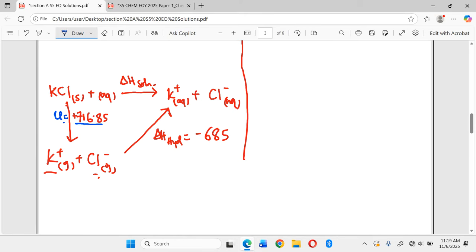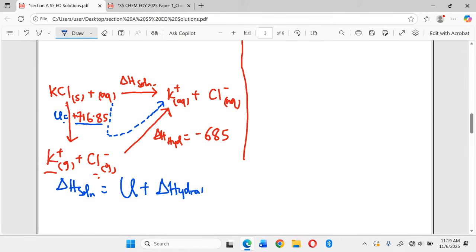So we have the direct route and the indirect route. The direct route is the enthalpy of solution, which is here. But we have this indirect route, which can come like this. And we know that the direct route, which is the enthalpy of solution, will equal the lattice energy plus the enthalpy of hydration.